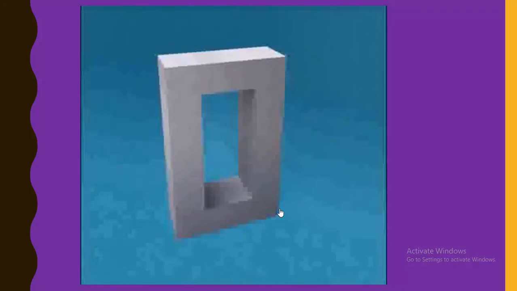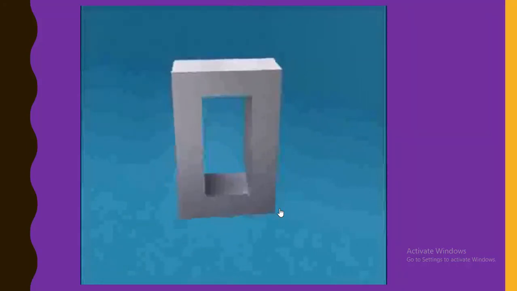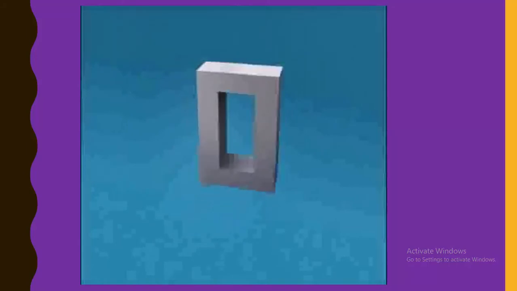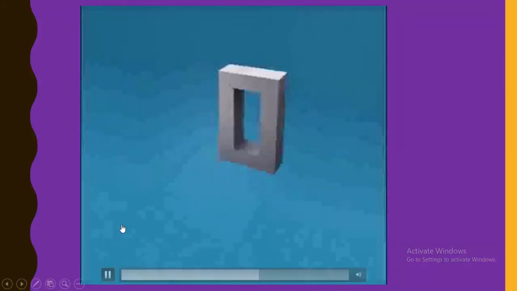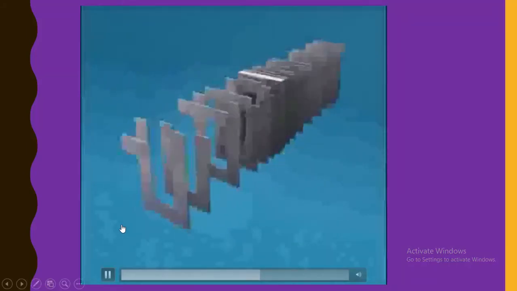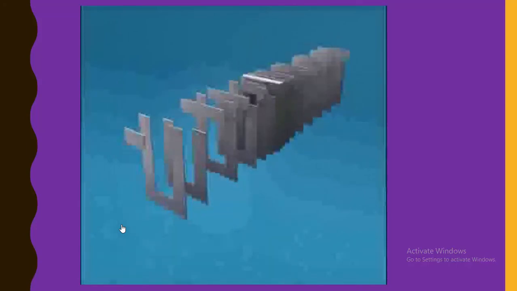The core which is practically used in a transformer is actually not a solid core. It is made up of a number of thin sheets of metal called laminations.